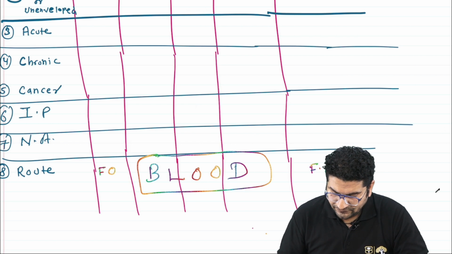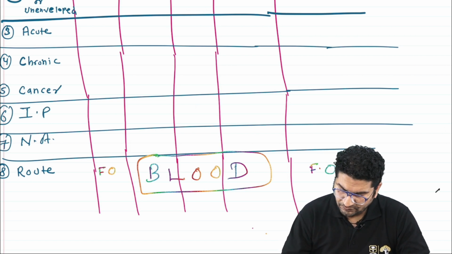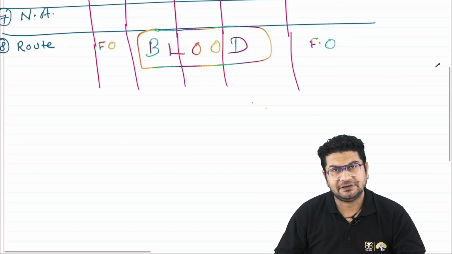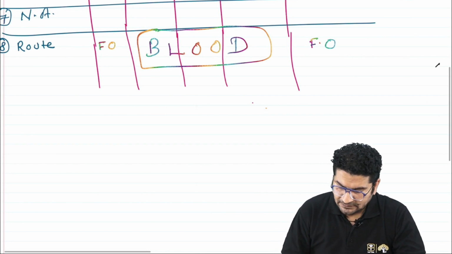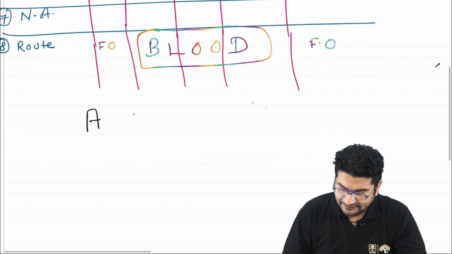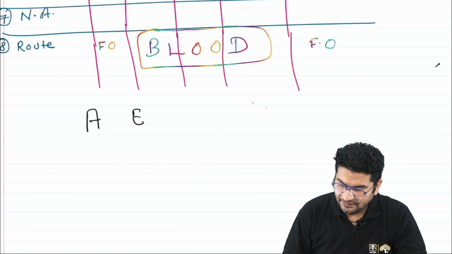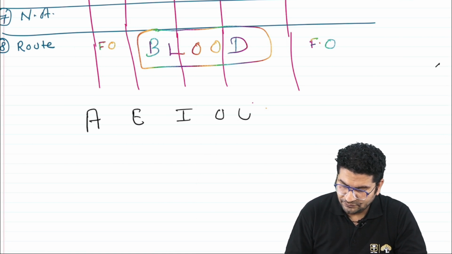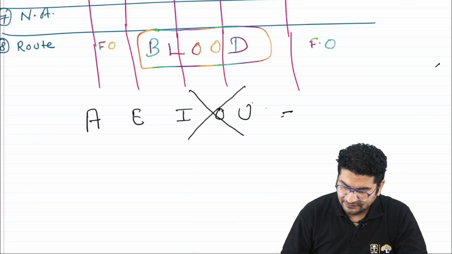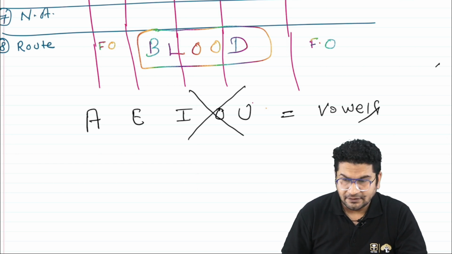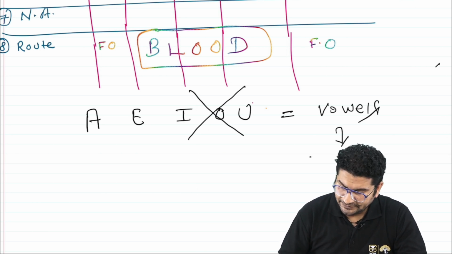So how to remember which viruses spread by the fecal-oral route? Family is clear, PH full dangerous. We have hepatitis A and E. A, E, I, O, U, these are vowels. IOU we don't need. So remember, vowels will hit the vowels.